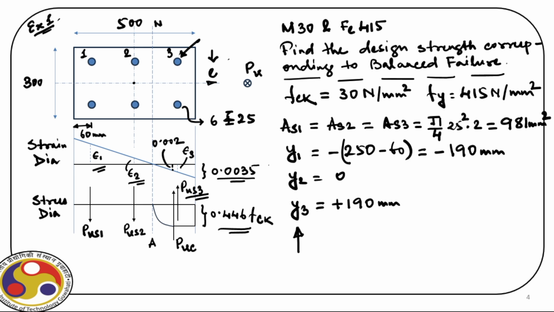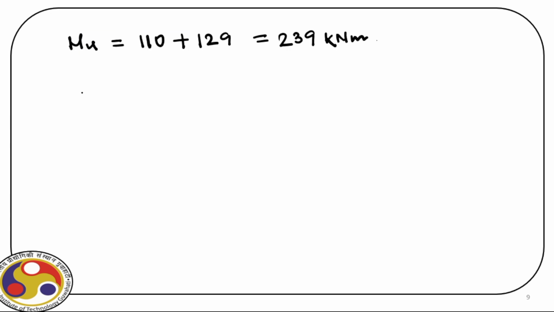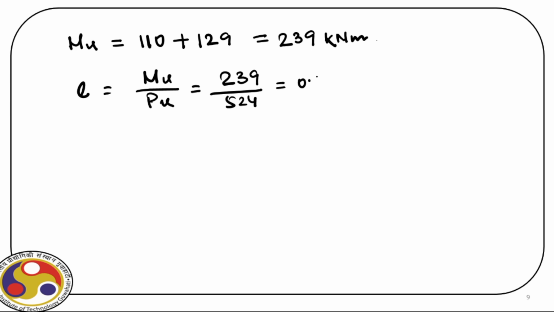So let us see the eccentricity e, which is Mu divided by Pu. So we have here 239 divided by 524, which is equal to 0.456 meter. So in millimeter it is 456 millimeter.